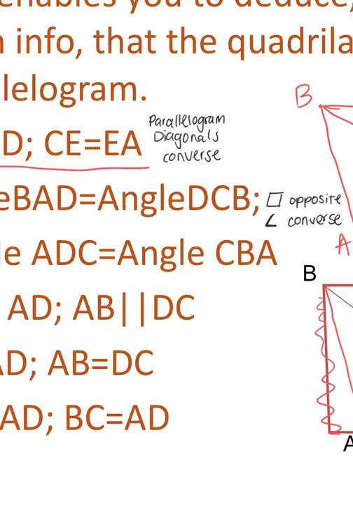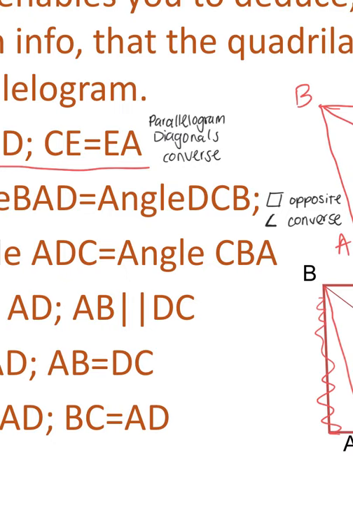But why isn't it the regular parallelogram theorem? It's the converse, guys, because we're proving that it's a parallelogram. If we know it's a parallelogram, we use the regular opposite angles theorem to say that both the angles are congruent. But when we're saying that it's a parallelogram, that is the converse, okay?